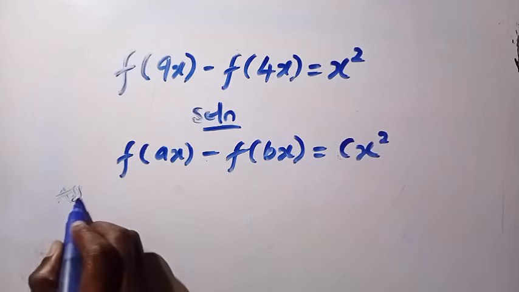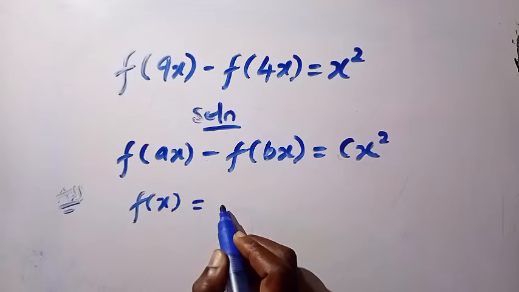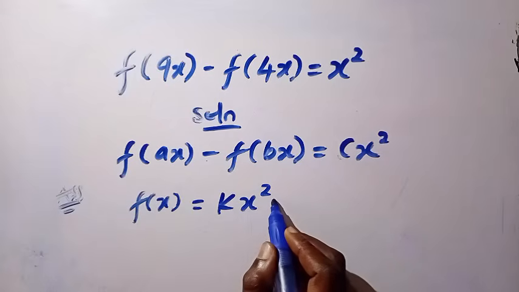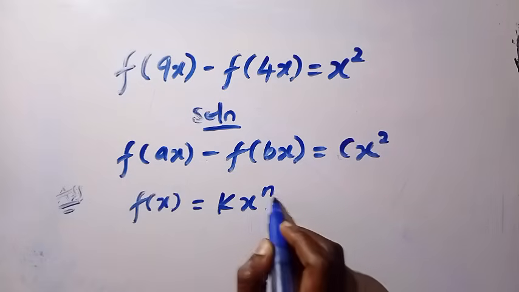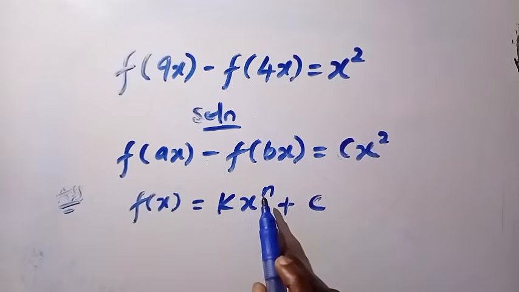Suppose I assume that f of x equals kx raised to the power of n plus c. So k is a constant and c is also a constant, and particularly is a member of real numbers. So n can take anything here.